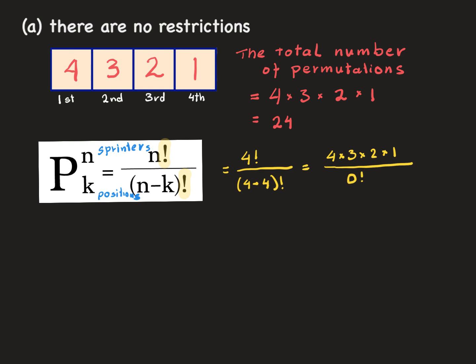Please be aware that 0 factorial is equal to 1. That's the rule. So in this case, we can calculate 4 times 3 times 2 times 1 is 24, over 1, which is 24. And this is the same number that we worked out above.